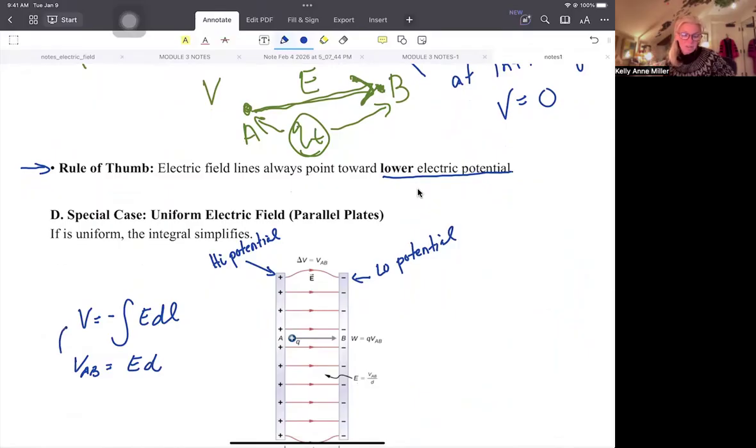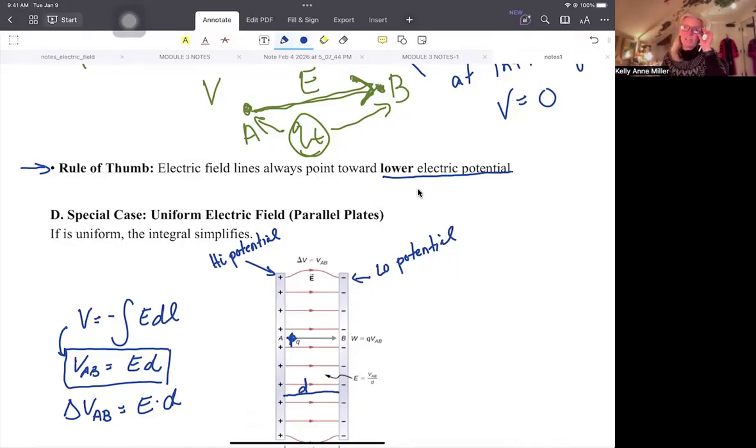So let's say that I wanted to take this positive charge from plate A to plate B. Well, the potential difference between plate A and plate B would just be whatever the uniform electric field is times the distance between those two plates. So if this was D.